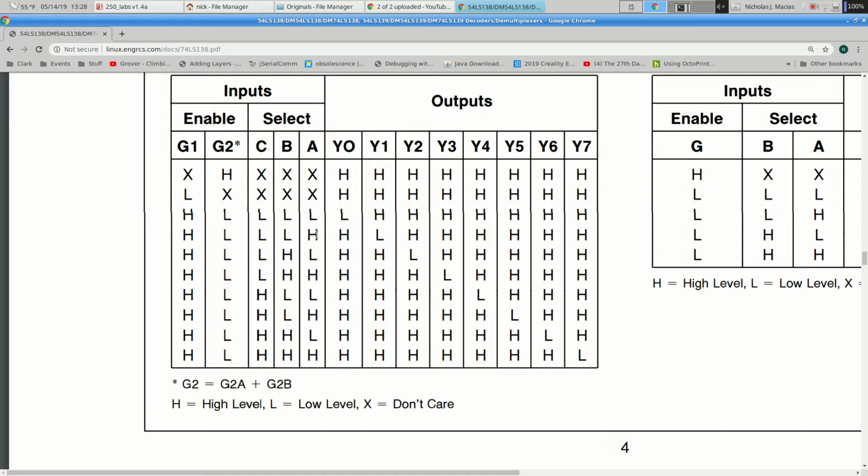If your input is 0, 0, 1, like the number 1, then Y1 is low, all the other outputs are high. If your input is 1, 0, 1, like the number 5, then Y5 is low and all the other outputs are high. So this device apparently normally has all of its outputs high, but exactly one is going to be pulled low, and the one that's pulled low is determined by the inputs ABC.